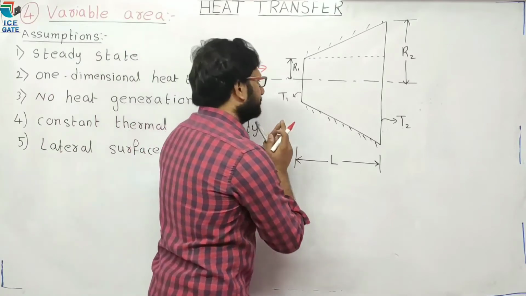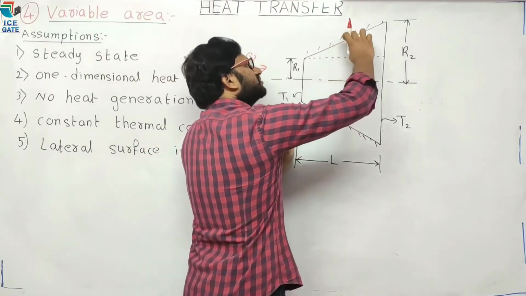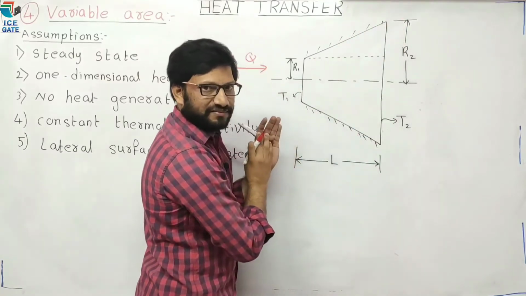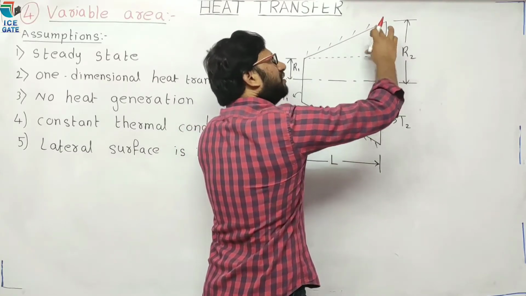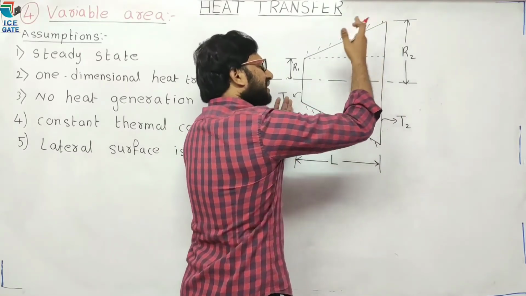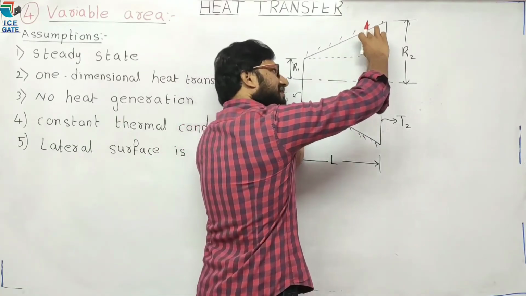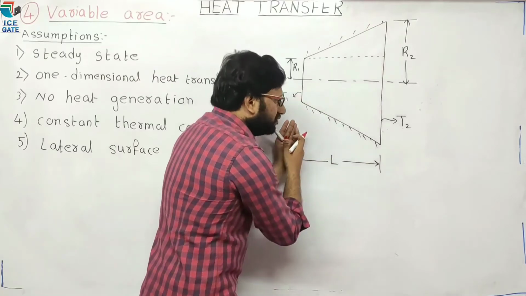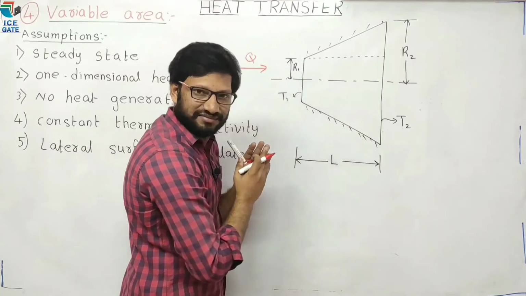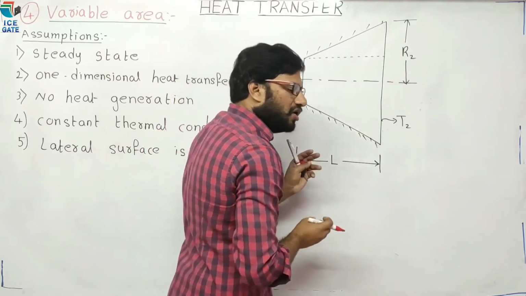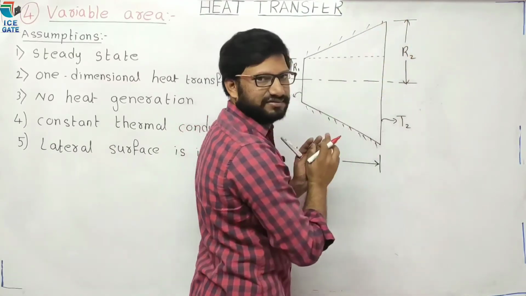Now see, in this case, while the length is increasing, the radius also increases. Now the change in radius is in terms of L, or the change in radius is with respect to distance or the length of the section. Now for L distance, what is the change in radius?